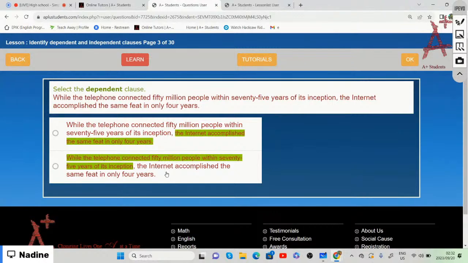Is it option 1, the internet accomplished the same feat in only 4 years, or while the telephone connected 50 million people within 75 years of its inception? So if we select the dependent clause, let's select while the telephone connected 50 million people within 75 years of its inception.